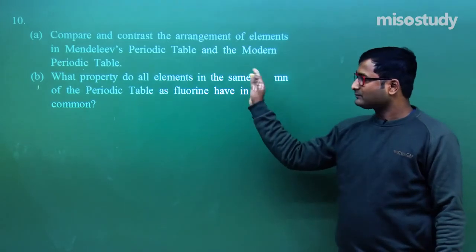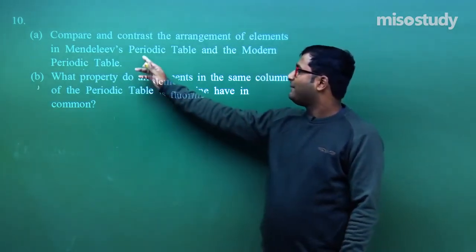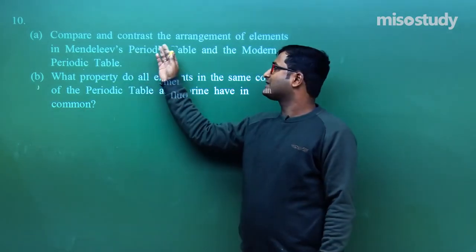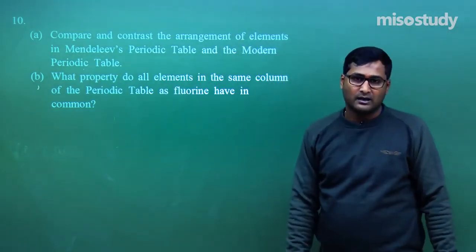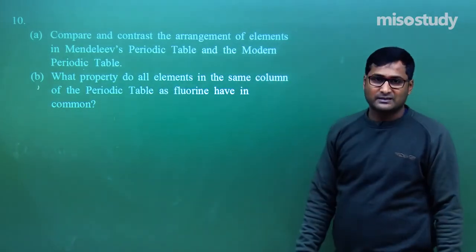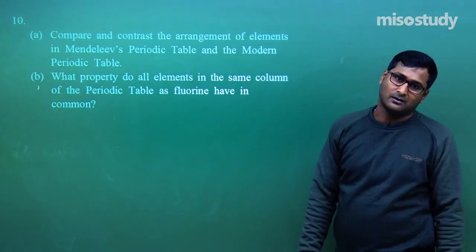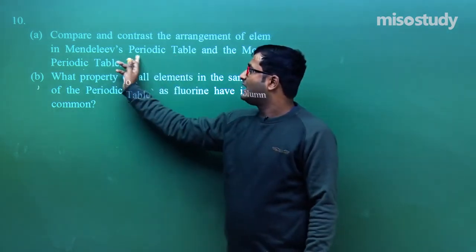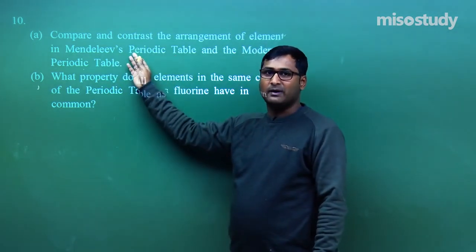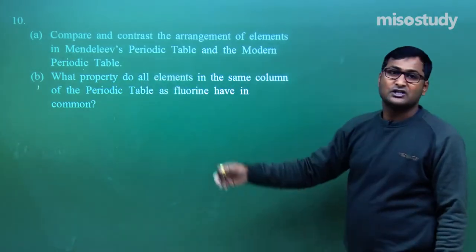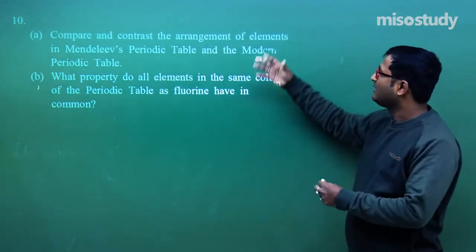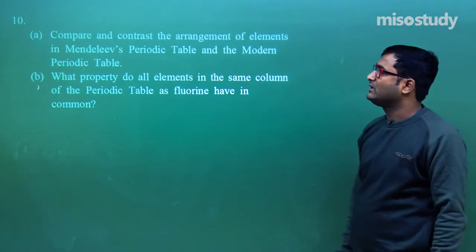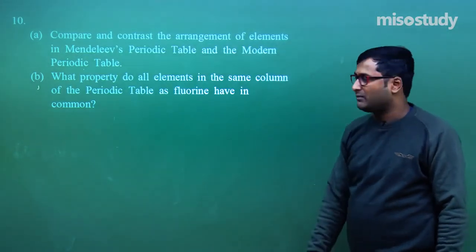These are the differences. In Mendeleev's periodic table, there is no explanation of isotopes, but in the modern periodic table there is an explanation for isotopes also. It removes the anomalous behavior related to Mendeleev's periodic table, that is potassium and argon, which I have discussed. So these are a few comparisons between Mendeleev's periodic table and the modern periodic table.